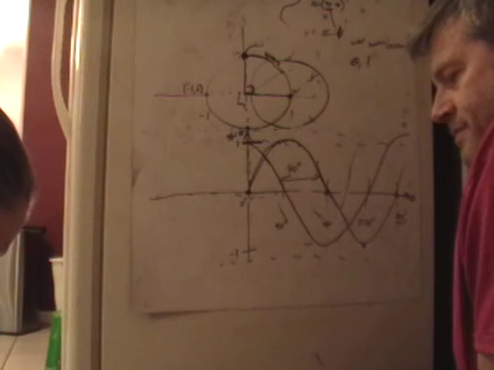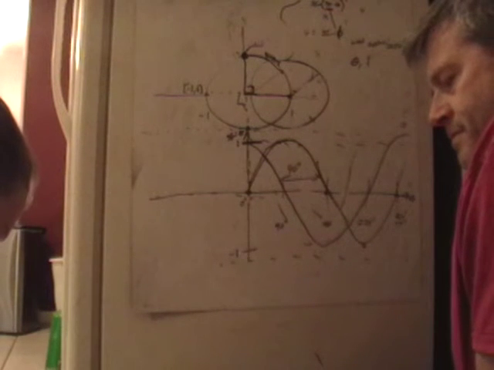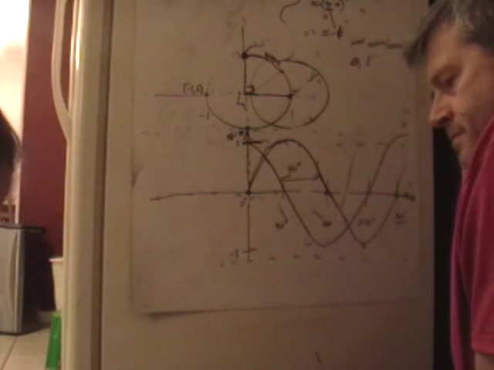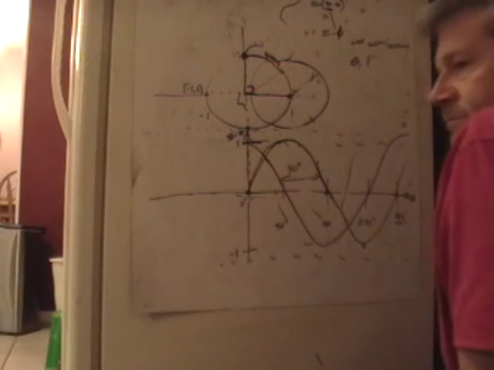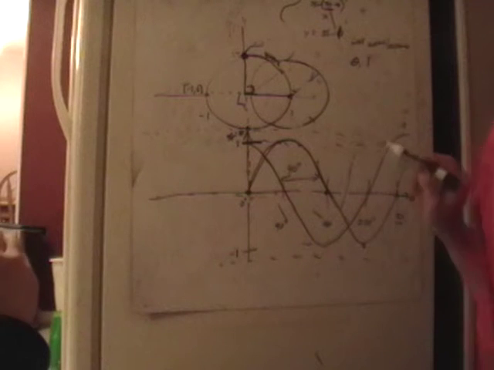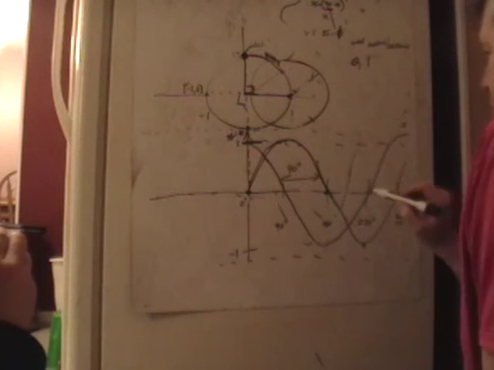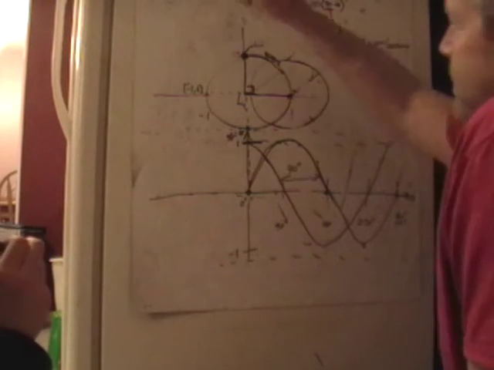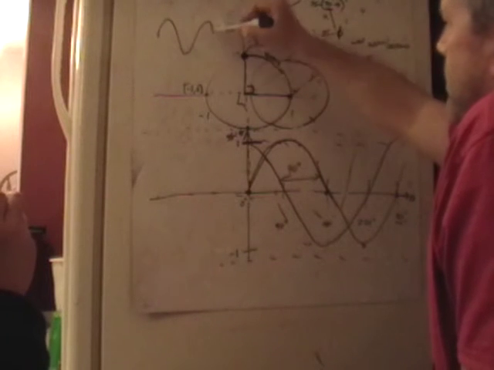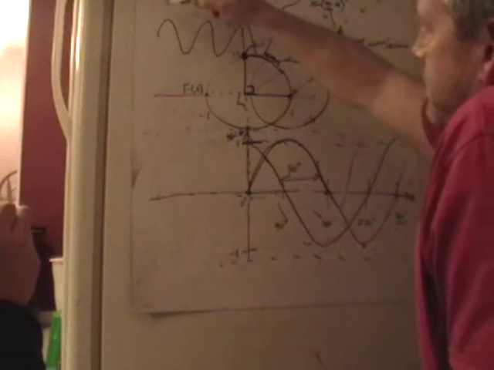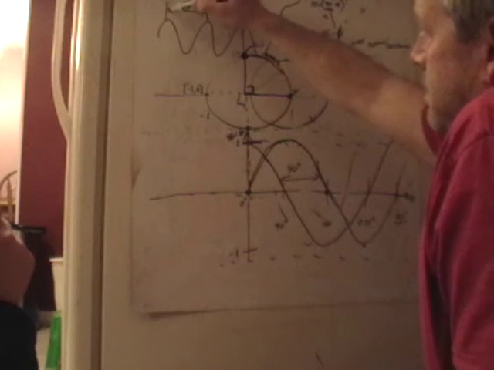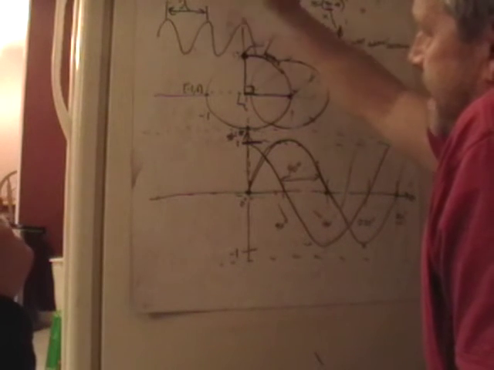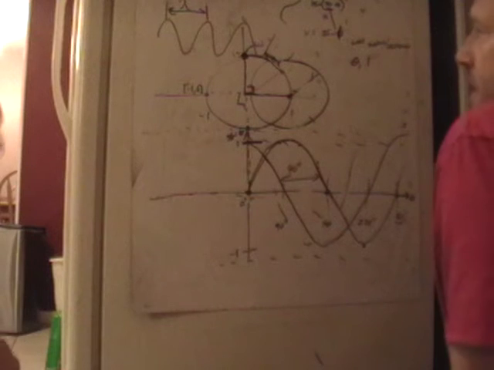This one's sine, this one's cosine. Sine starts at 0, cosine starts at 1. Now, some definitions of waves. This to here is the wavelength, also called lambda, the Greek letter lambda.